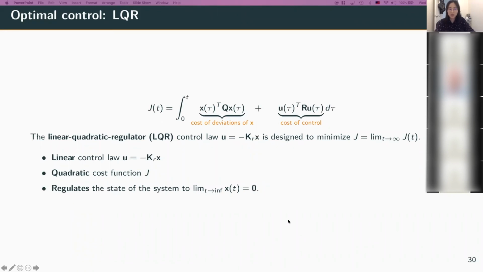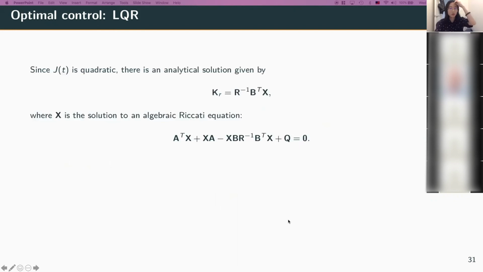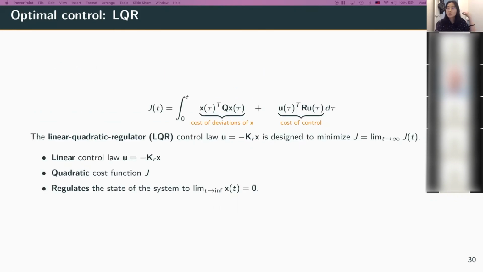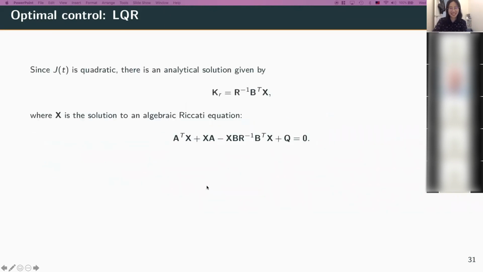Okay, thank you. What does the little subscript r stand for on K? Oh, because we want to differentiate this from the previous, not optimal controls. Okay. Yep. Nothing fancy here.